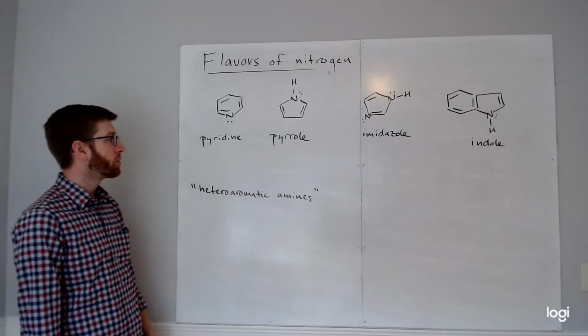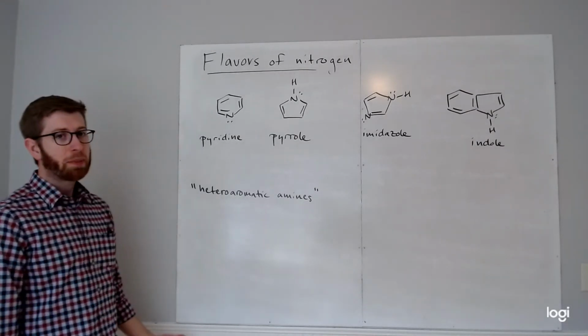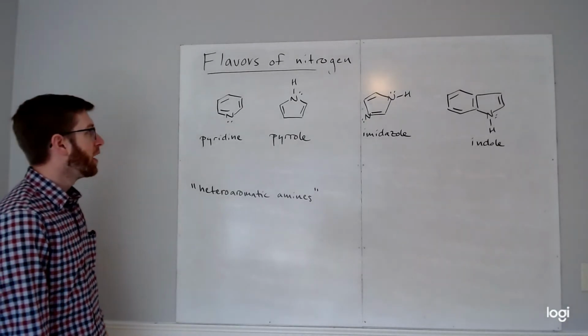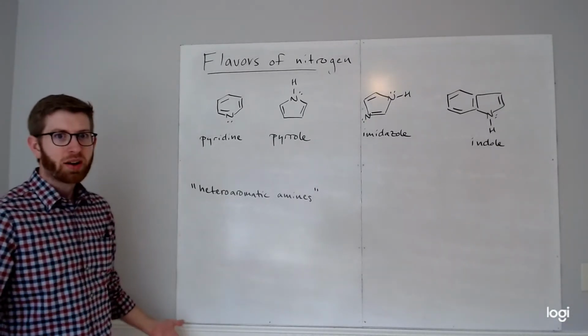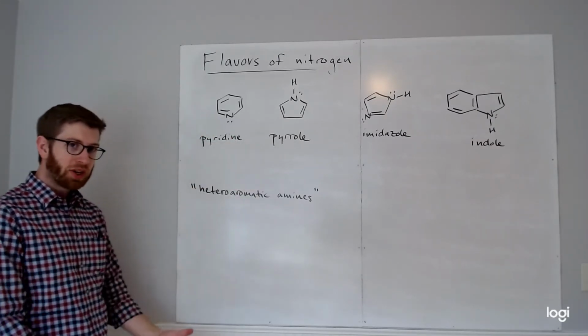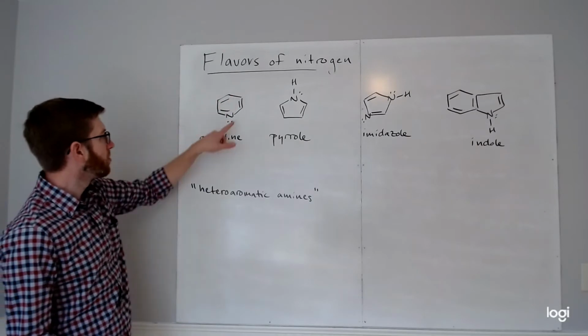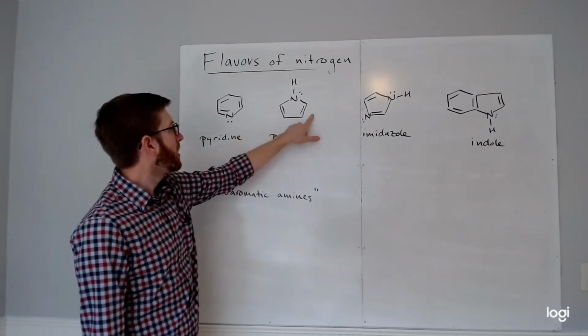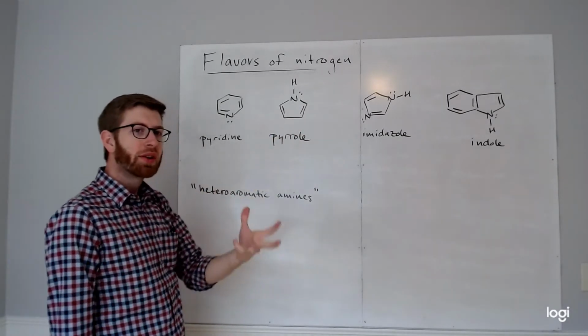You see them across different kinds of applications. So I'm showing you 4 examples of heteroaromatic amines, and you probably notice a few things here. One is they all have nitrogens. Shocker. The other is that all of these structures have aromatic rings in them. So the 6-membered ring in the structure we call pyridine. In pyrrole, it's the 2 double bonds and the lone pair on the nitrogen that are the aromatic system.